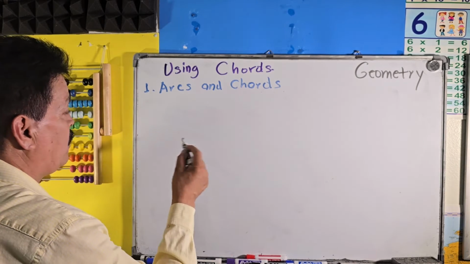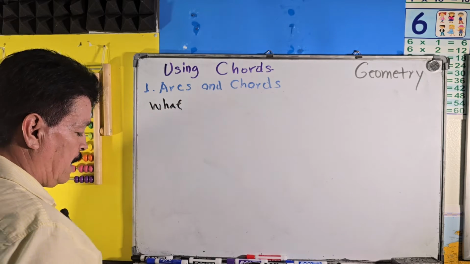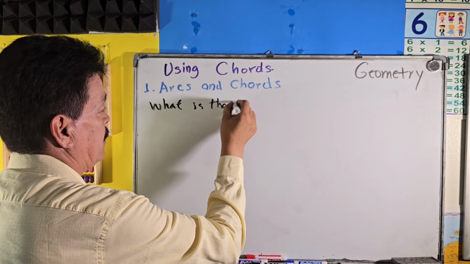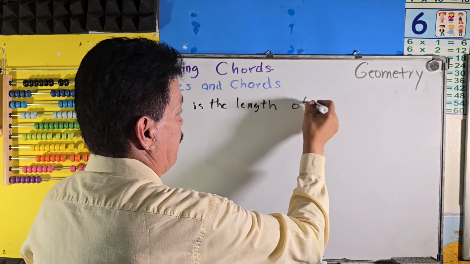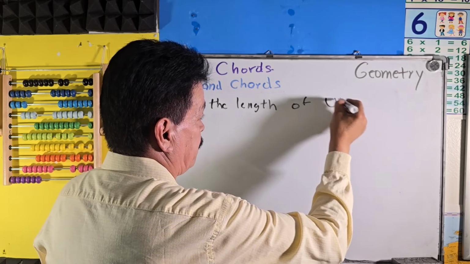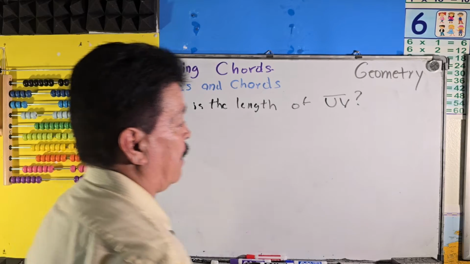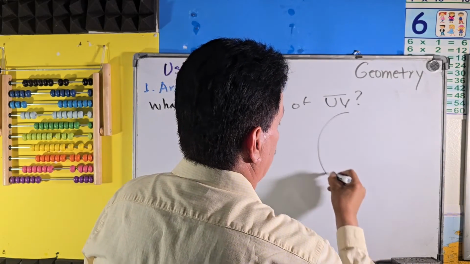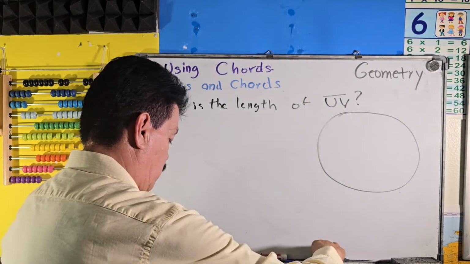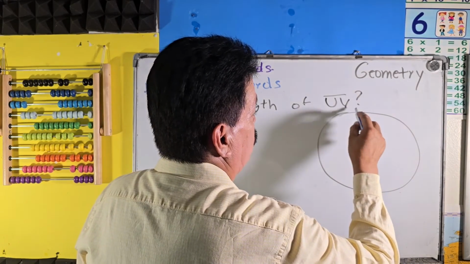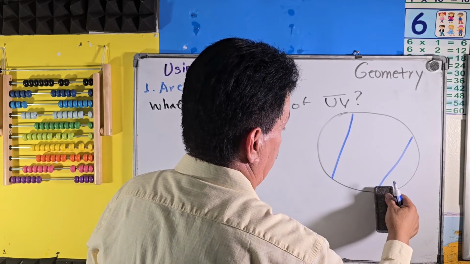So our first problem, let me write the problem. What is the length of UV? In this circle, we have two lines right here.